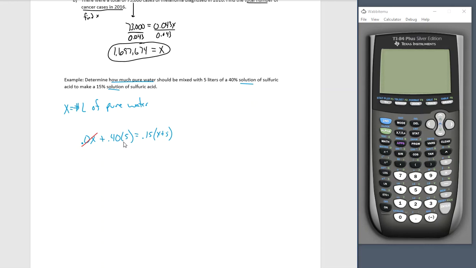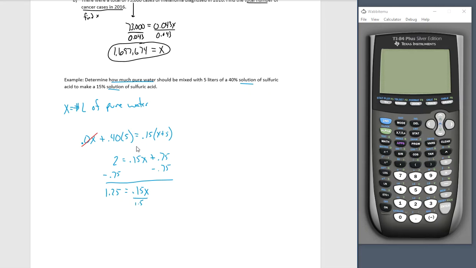So I want to find out how much I have to dilute this 40% solution in order to make a 15% solution. So I will have 2 equals 0.15x plus 0.75. We'll subtract 0.75 from both sides. 2, if I had $2 and I gave somebody 75 cents, I'd have $1.25 remaining. When I divide both sides by 0.15, I got those in the wrong order, didn't I?